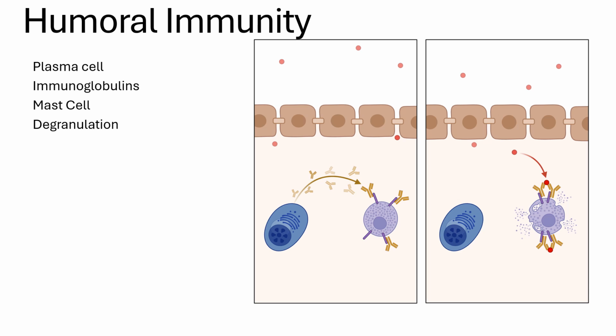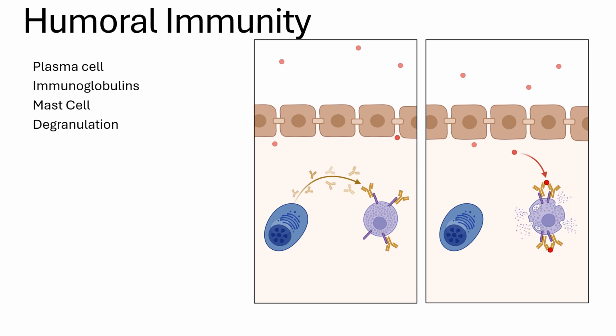Now, when the mast cell that's positioned in your tissues, instead of in a lymph node, encounters the allergen, the allergen will bind with the immunoglobulin on the mast cell and cause degranulation, which is the release of histamine and heparin. And this is what causes what you would call an allergic response, right?